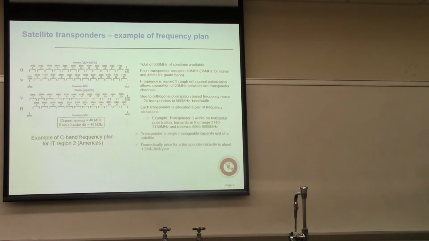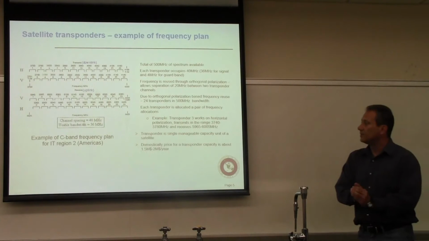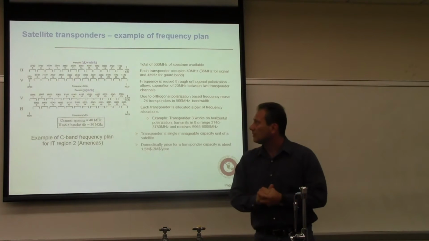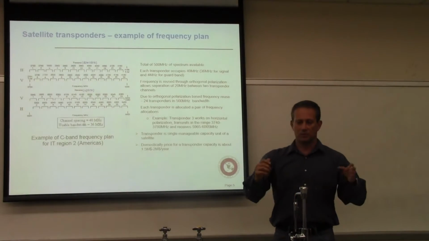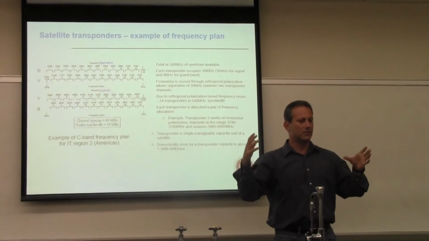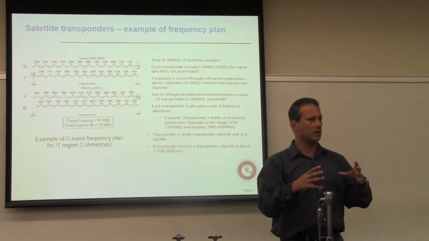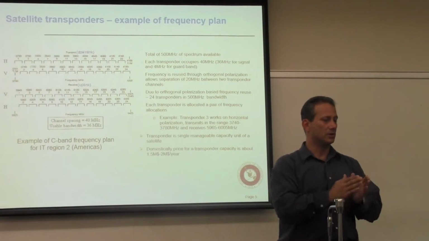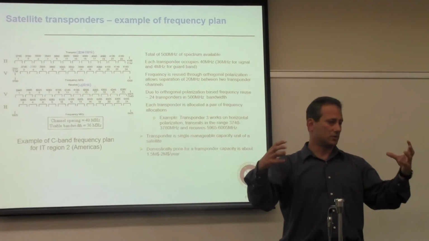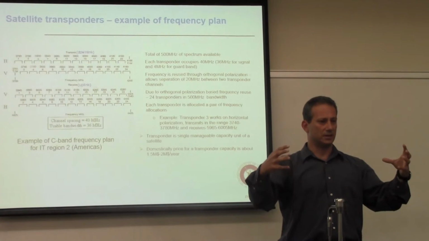All right, so let me talk a little bit more about how the frequencies are used. This is an example here, what I mentioned even at the beginning. The smallest allocatable unit in most satellites is what is referred to as a transponder. You can think of a transponder, and the analogy is actually excellent, as a pipe, right?